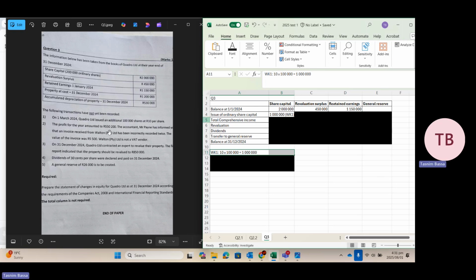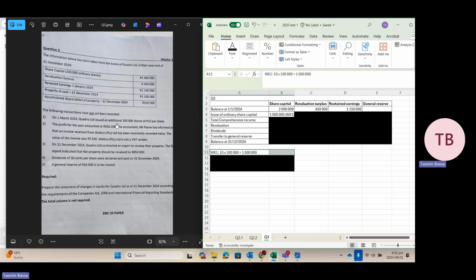The profit for the year amounted to 550,200. The accountant, Mr. Payne, has informed you that an invoice received from Walton Limited has been incorrectly recorded twice. The value of the invoice was 5,500. If they recorded an invoice twice, it means that your profits would have been lower than what it should be because they would have recorded an expense twice, which means your profit is too low. So you need to increase the profit for the year.